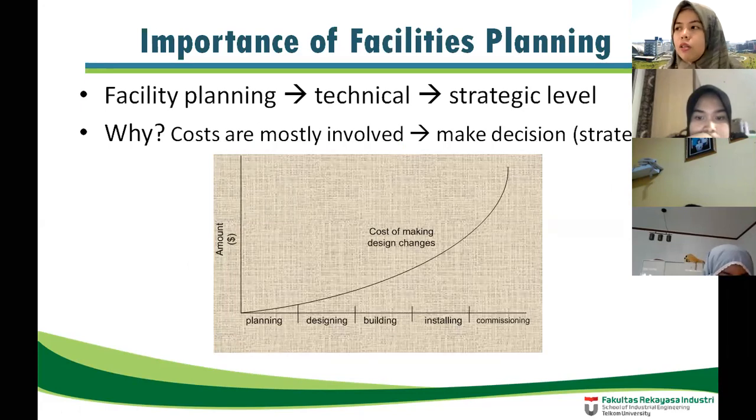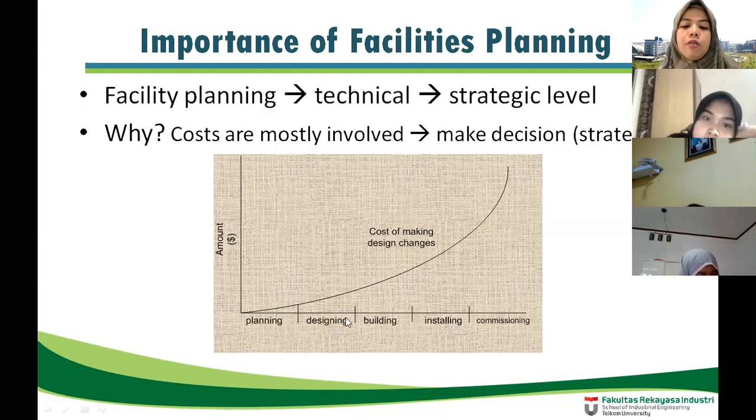Since the cost of making change is increasing, we have to maintain starting from the planning one. Using in-depth analysis, finding the right solution, we can save the company investment.